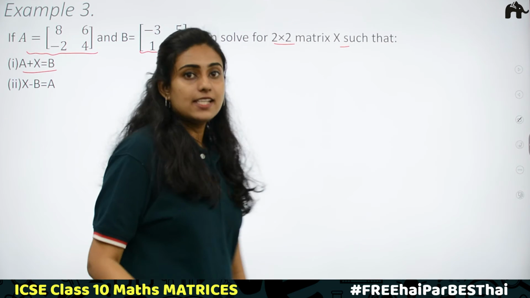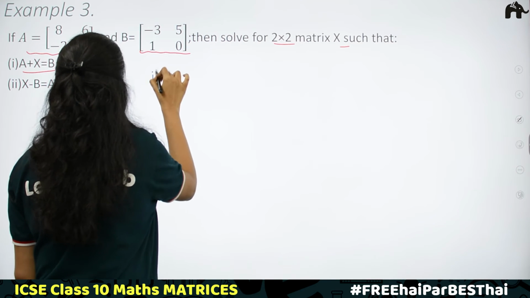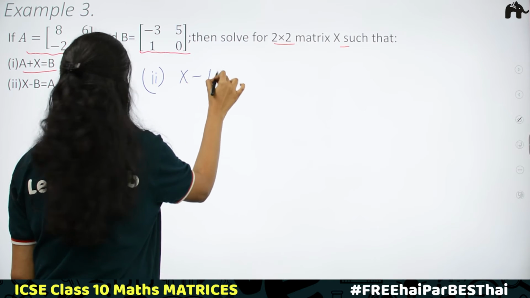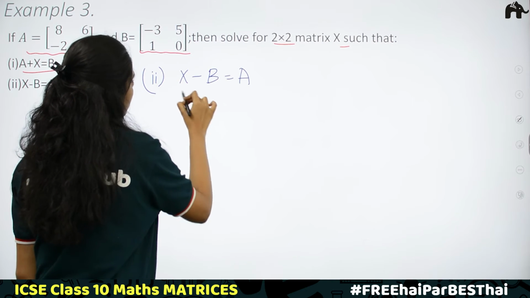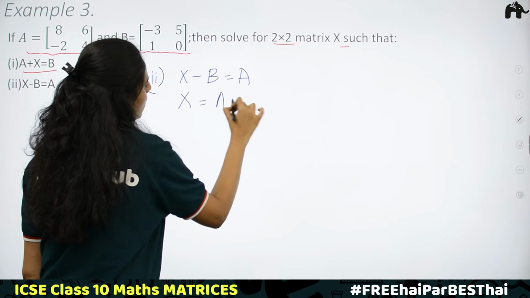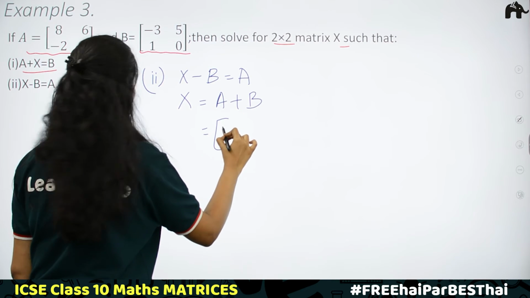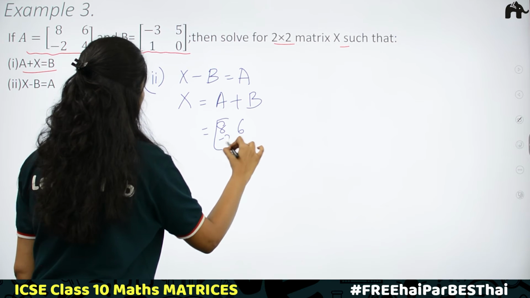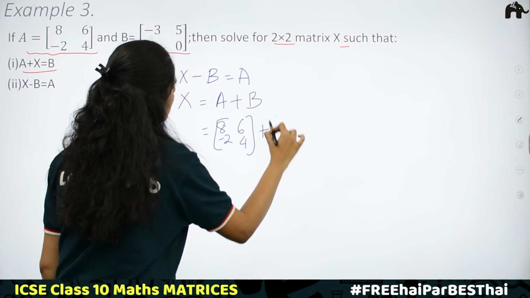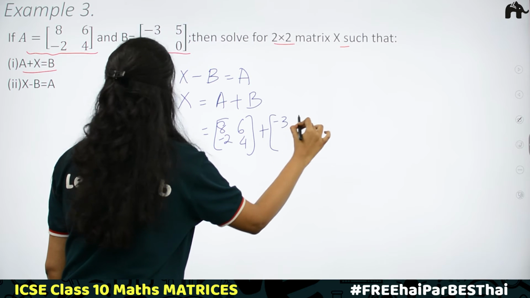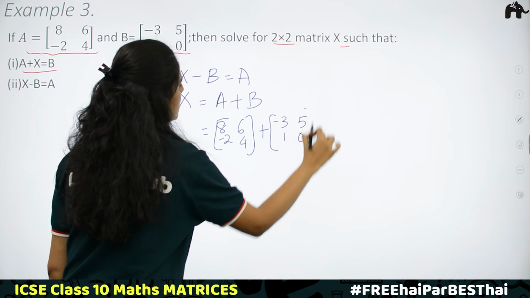Now the second one is x minus b is equal to a. Then what is x? x will be equal to a plus b. What are the elements of a? 8, 6, minus 2, 4 plus b, minus 3, 5, 1, 0.